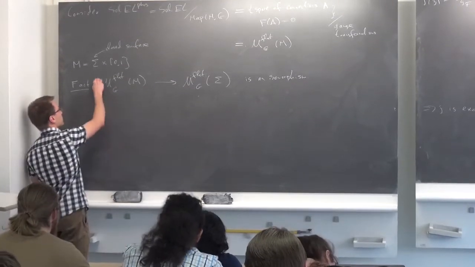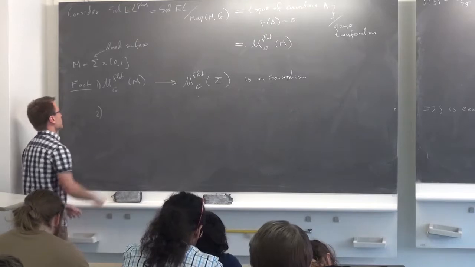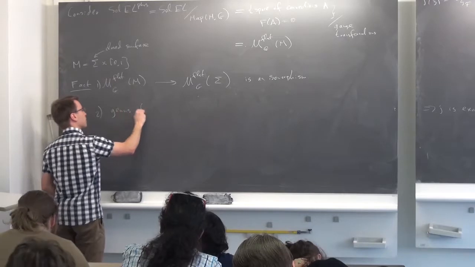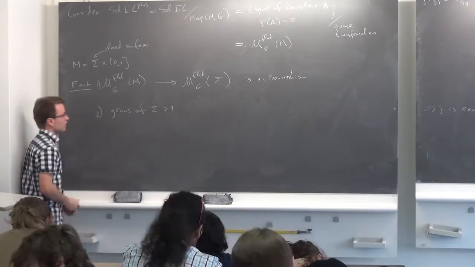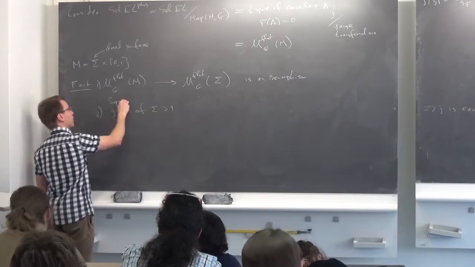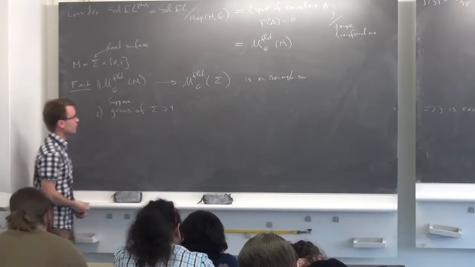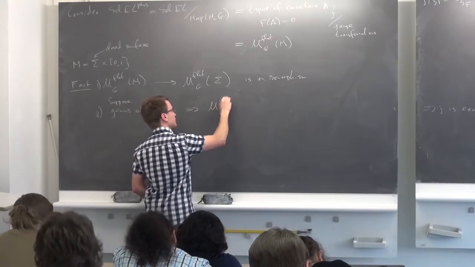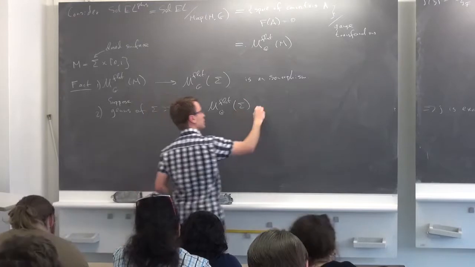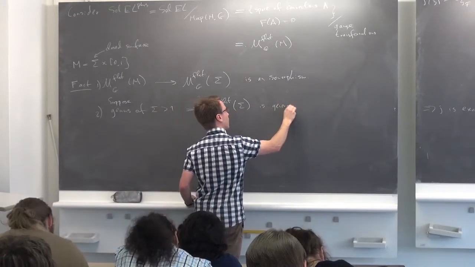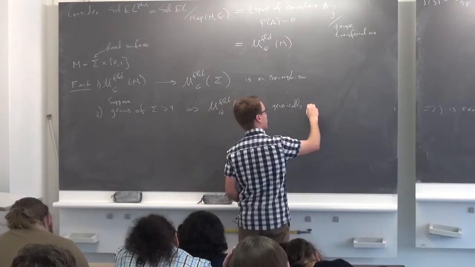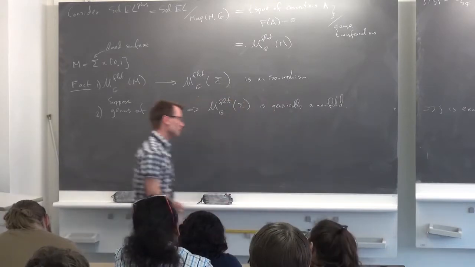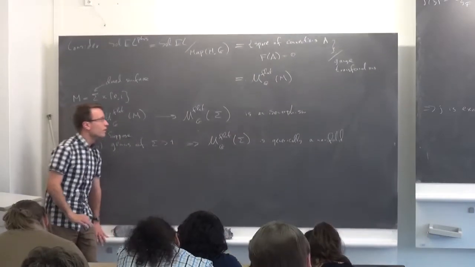And the second fact is that suppose that the genus of sigma is at least 2, then the space of flat G bundles on sigma is generically a manifold. Okay, so what do I mean here?